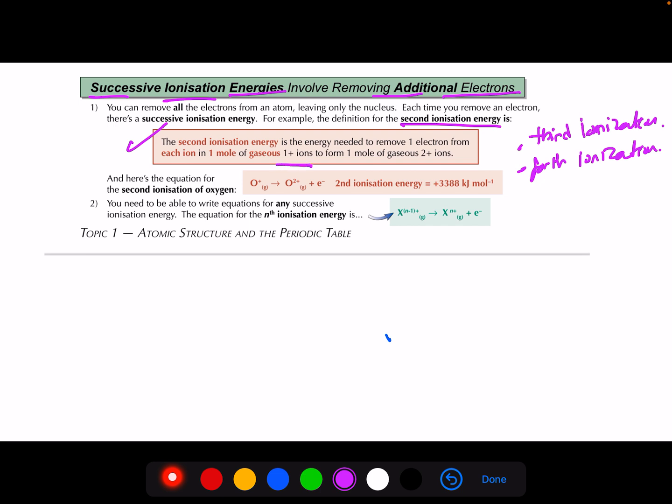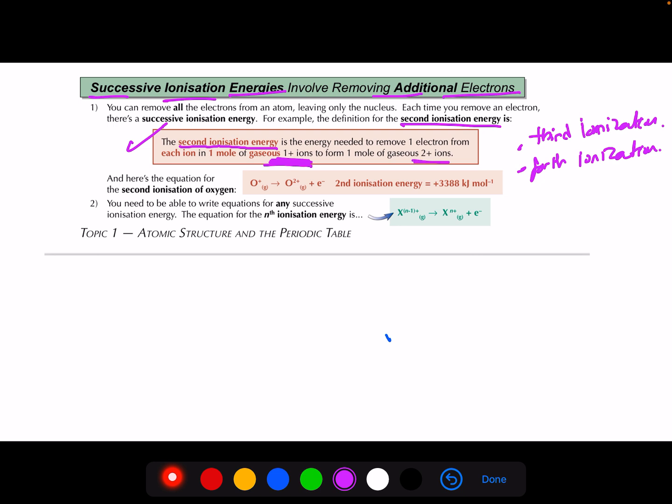So you're removing that from a +1 ion, an ion that has already lost the first electron, because that's the second ionization energy. So this ion already has lost an electron to form the +1 ion, and then when I'm removing the second electron, it forms the +2 ion.